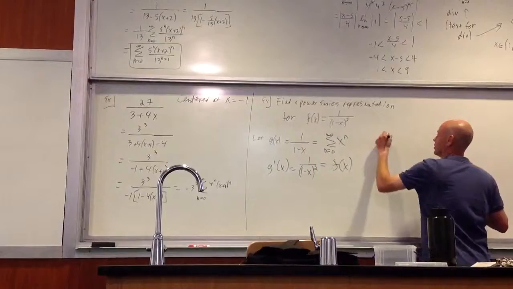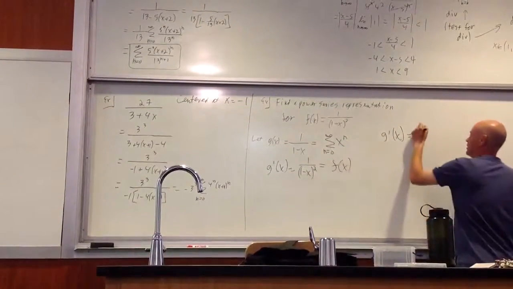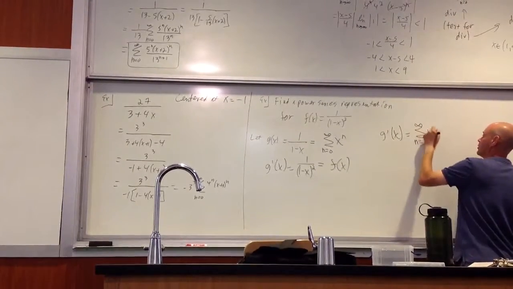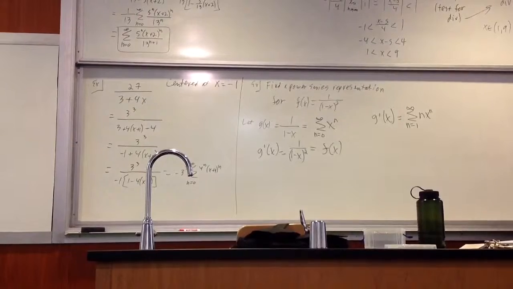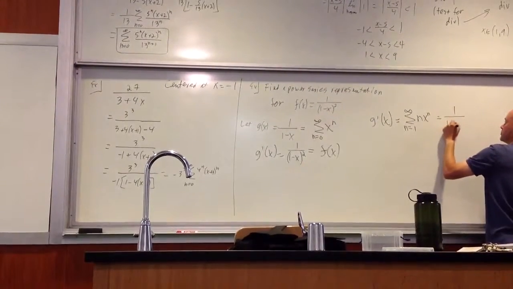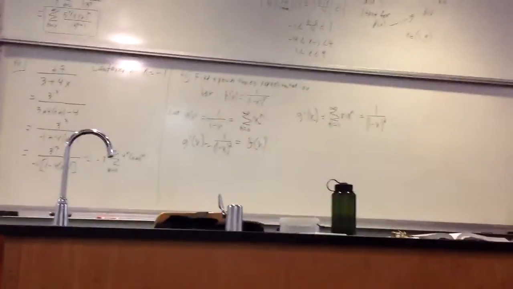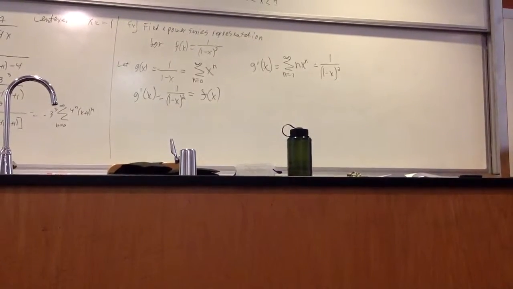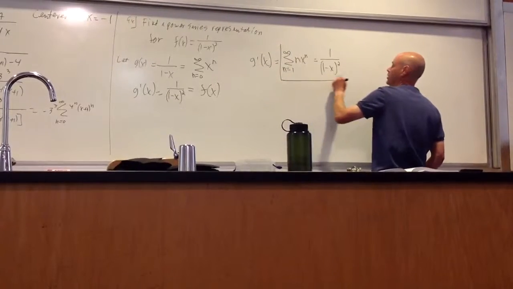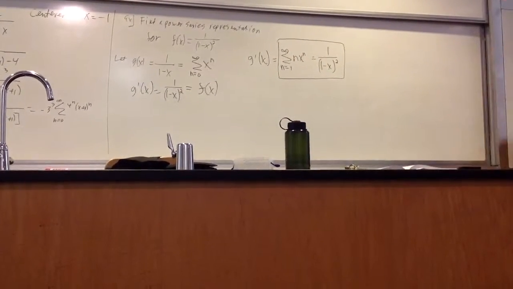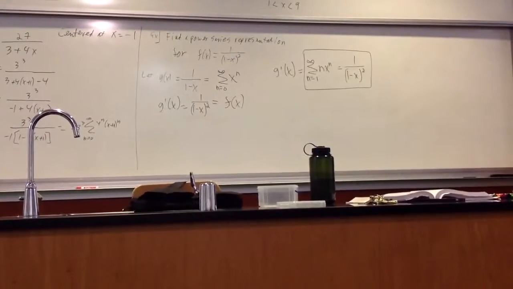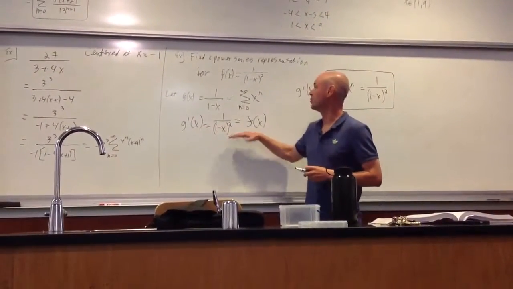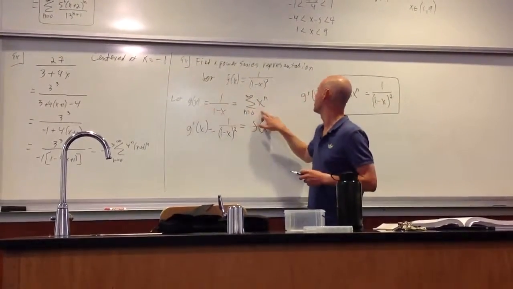So I'm going to say g prime of x is also equal to... g prime is equal to what we're looking for. So when I take the derivative of my power series, that should equal what I'm looking for.